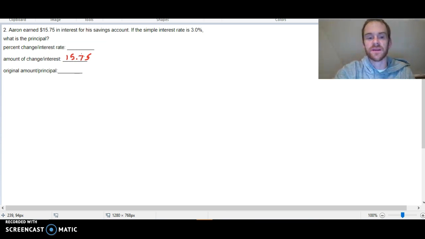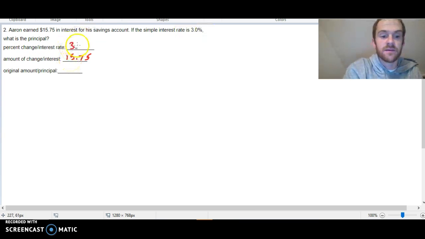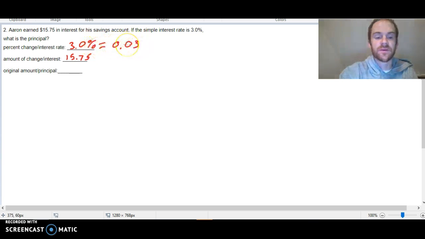bank hold his money. Okay, we know a percent change, or we know our interest rate is 3%, which I should write as a decimal to be consistent, so it's 0.03. And then I'm wanting to know, what's that principal, or what is that starting amount of money? So I look at my equation to know my original amount.